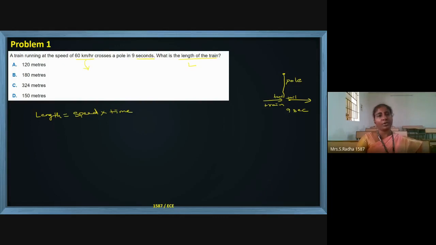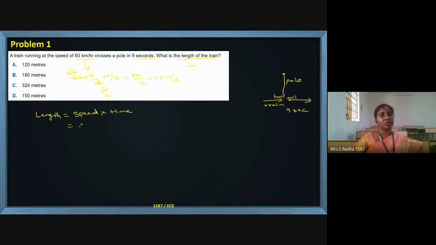You are changing to lower unit, so multiply with 5 by 18, and the value will become meter per second. Here 3 into 20, 3 into 6, and so on. This is nothing but 50 by 2, which is 25 meter per second.